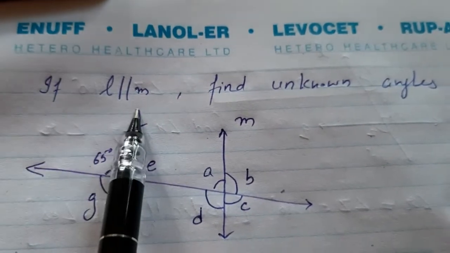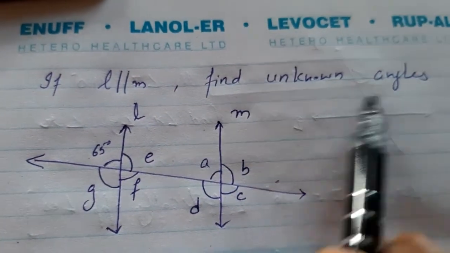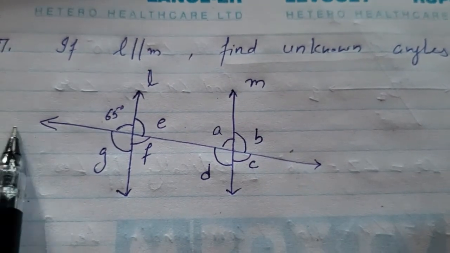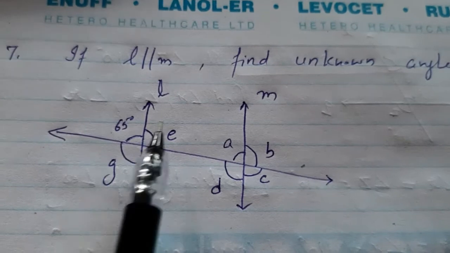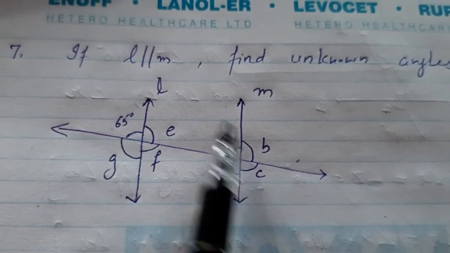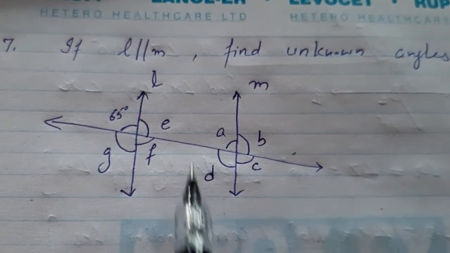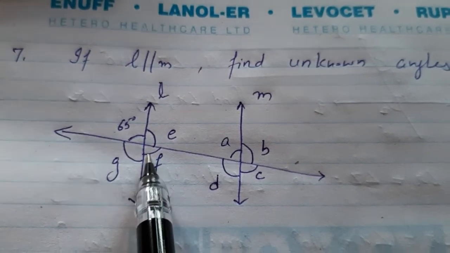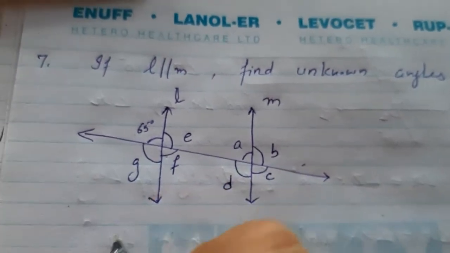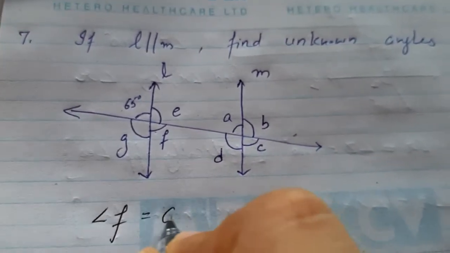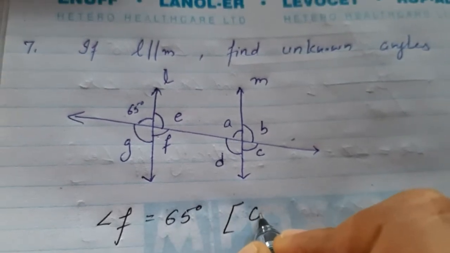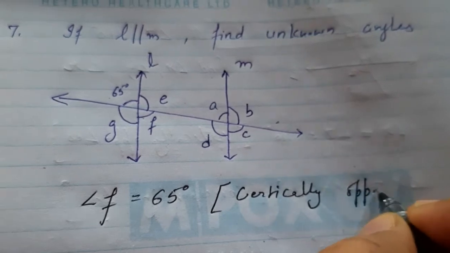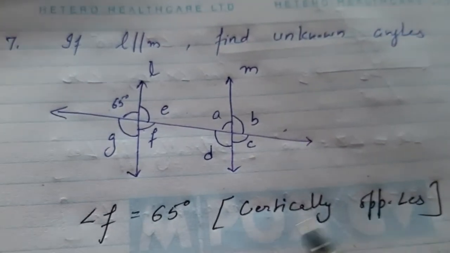Next, if L is parallel to M, then find the unknown angles. We are given two parallel lines, L and M, and this line is the transversal, and one angle is given. We have to find all the other unknown angles. First of all we start with the vertically opposite angle. 65 is vertically opposite to angle F. So angle F is equal to 65 degrees, vertically opposite angles.